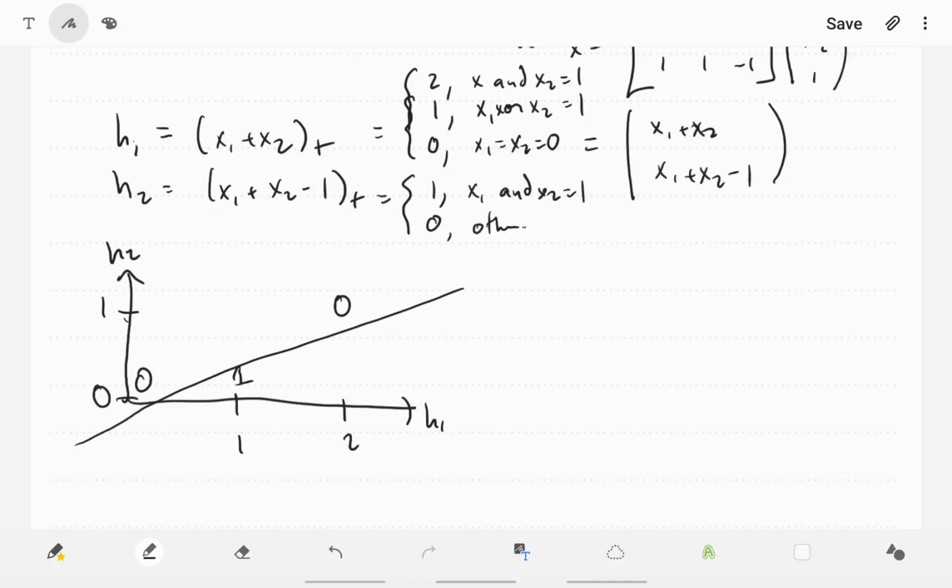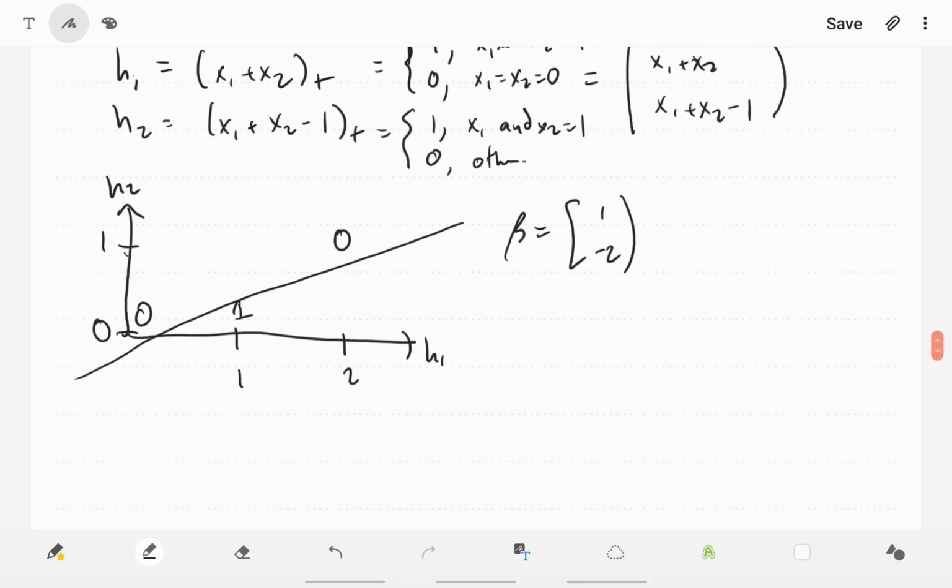Because we're going to be applying a linear operation to H1, H2, we can then create a decision function which is going to allow us to separate these two out. So for example, let beta be equal to 1, minus 2. Then our beta transpose H is equal to the positive part of x1 plus x2, minus 2 times the positive part of x1 plus x2 minus 1.